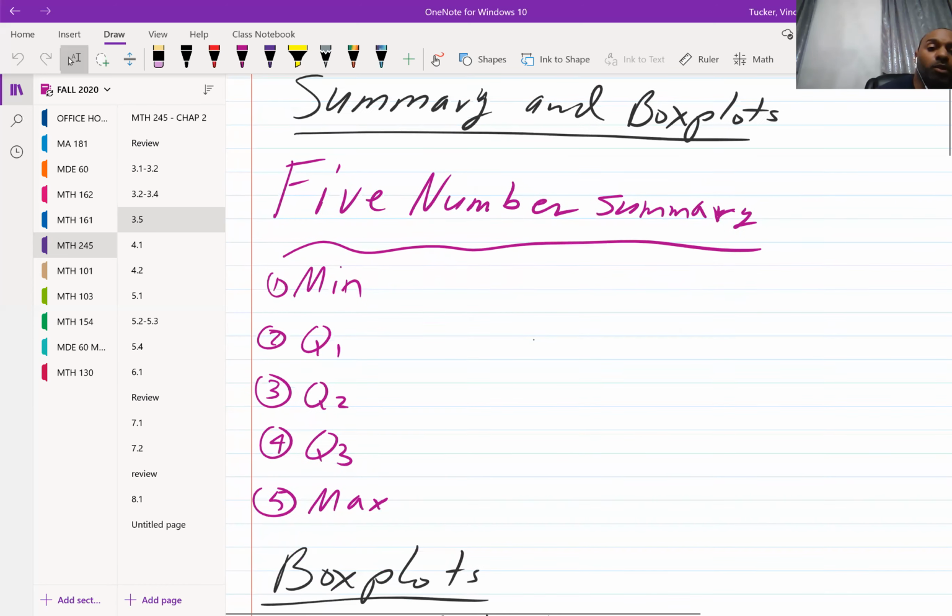We just found all 5 of those, just saw the process to finding all 5 of those.